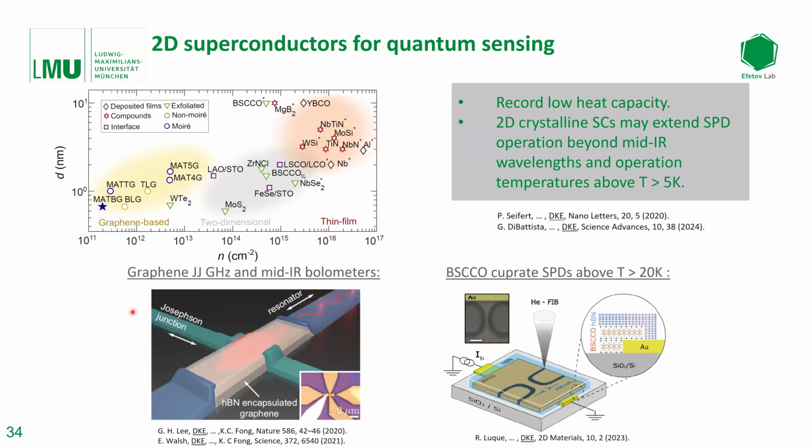And so basically here, for some years, we were already exploring 2D superconductors for this type of idea, because 2D superconductors are perfectly 2D, so they're just 0.3 or 0.6 nanometers thin. So they're an order of magnitude thinner than traditional spiral superconductors.